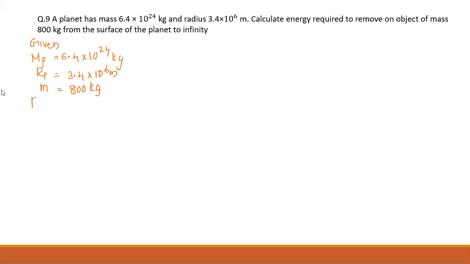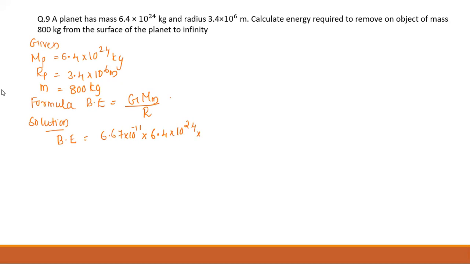We know that the formula for binding energy is equal to GMm upon R. On substituting the values, we will get BE is equal to G is 6.67 into 10 raised to minus 11, into M is 6.4 into 10 raised to 24, into mass of the object is 800, upon R is 3.4 into 10 raised to 6.